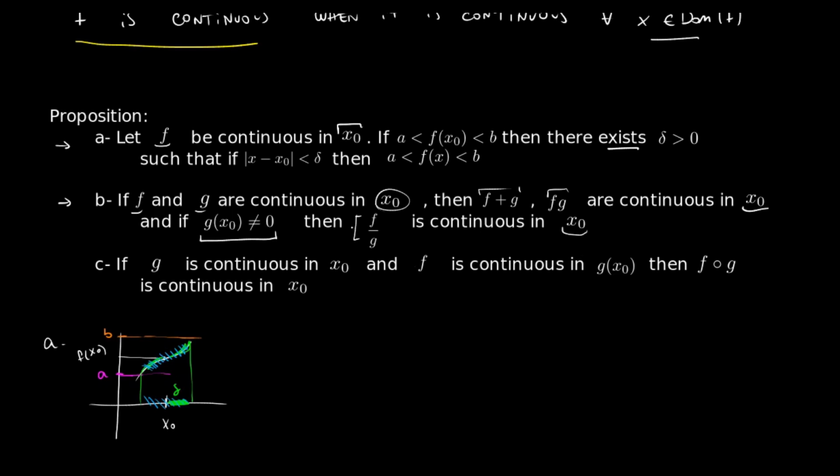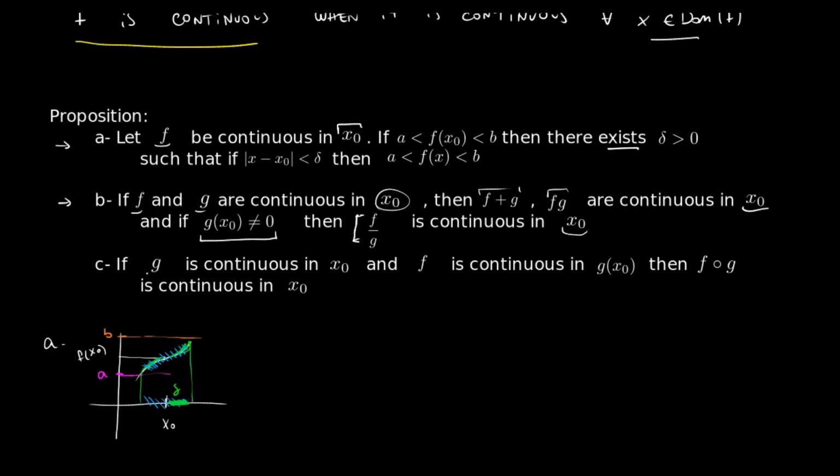This is just remembering the definition of limits, that the limit of the sum is the sum of the limits, the limit of the product is the product of the limits, and that if g in the point where we're calculating the limit is different to 0, then the limit of the division is the division of the limits. So just remembering those definitions and propositions we saw in previous videos and applying it to the new definition that it's also a limit.